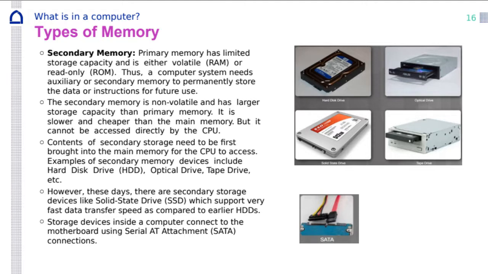It is slower than RAM, but it is cheaper also. In order to access the contents of the secondary storage, you need first to load it to the RAM, then the CPU can read it.